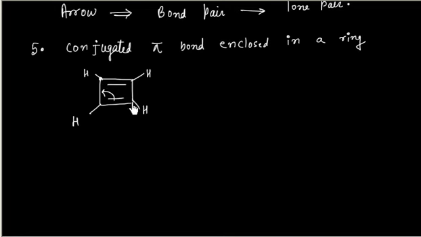This carbon has a positive charge, so I have a hint. I can flow this arrow this side so that this positive charge is neutralized as well as tetravalency of carbon is also achieved. So if I flow this arrow, I will have this resonating structure.